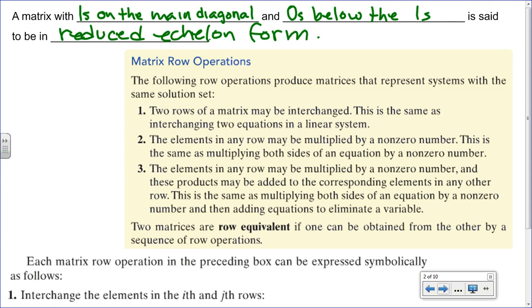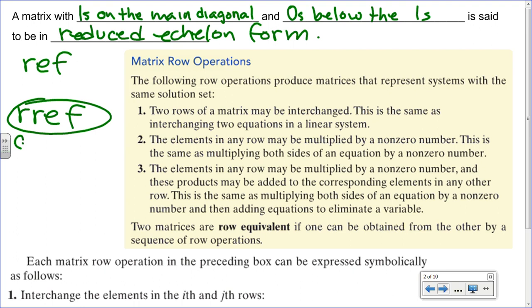And on your calculator, that is abbreviated with REF. There's another one that is RREF. And this one here is the one that we will need when we are using Gauss-Jordan elimination.